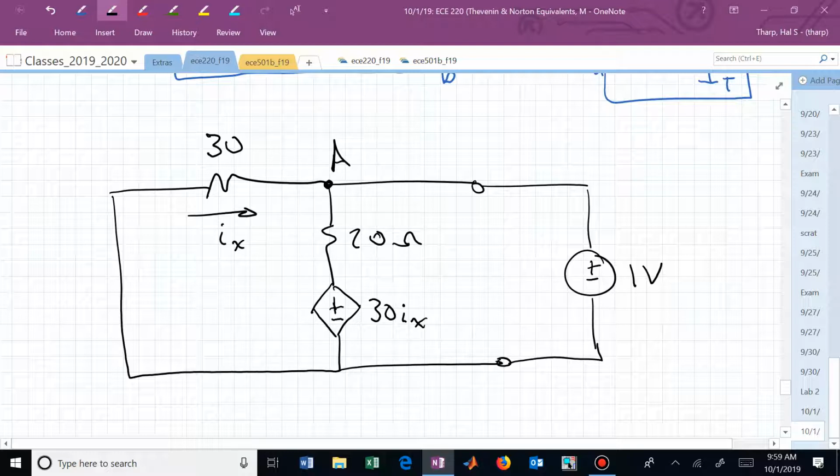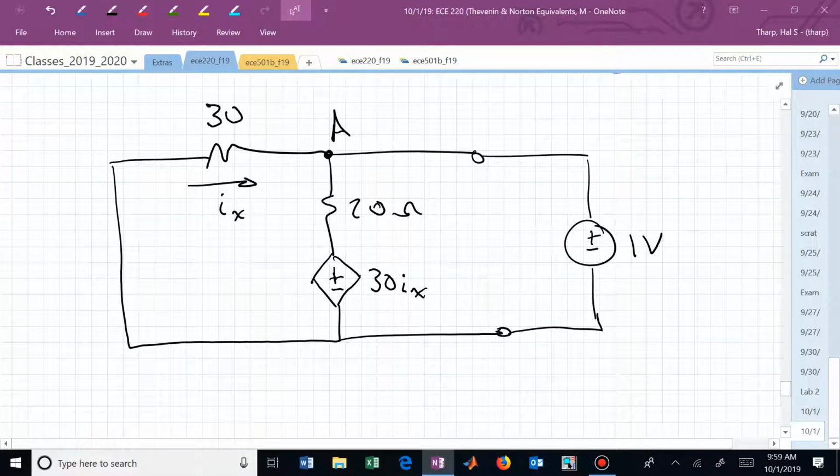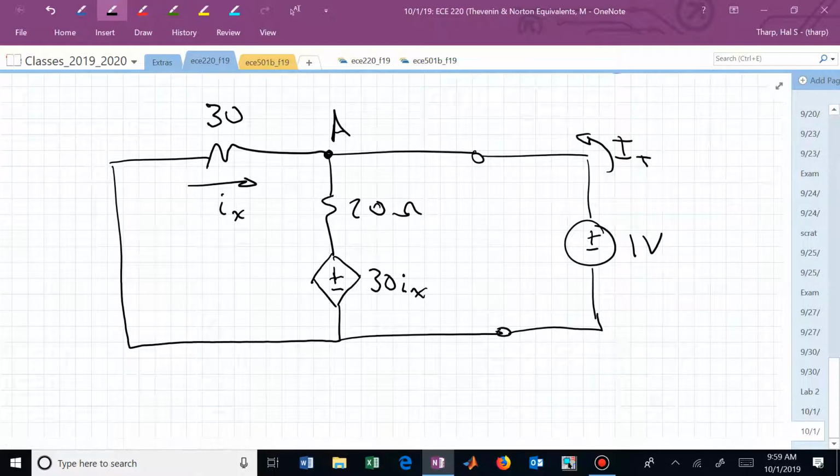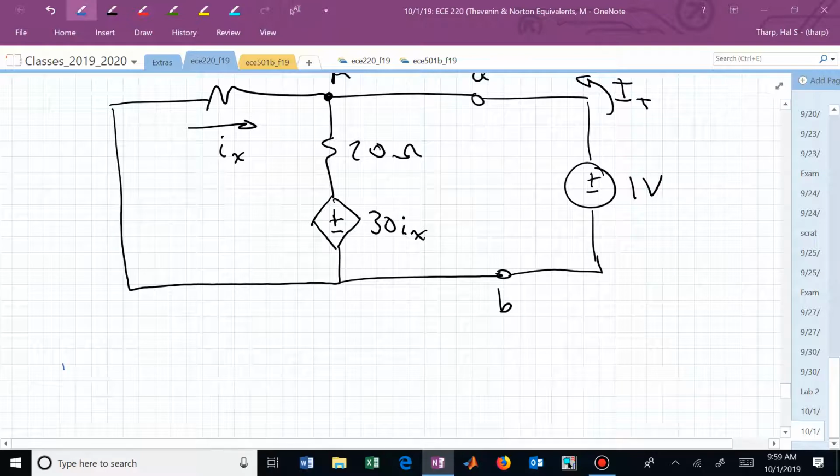That fixes the voltage at A. And now I can write a KCL equation at that, and then I will be able to measure or compute this current I sub t. So what's KCL at capital A?